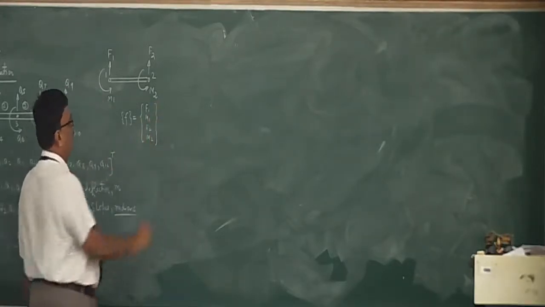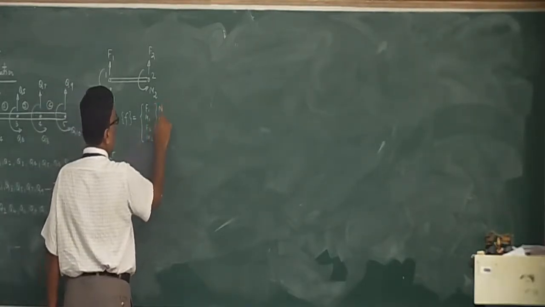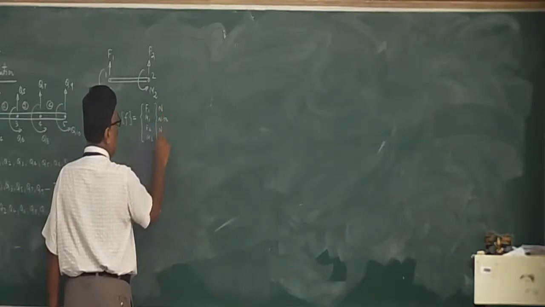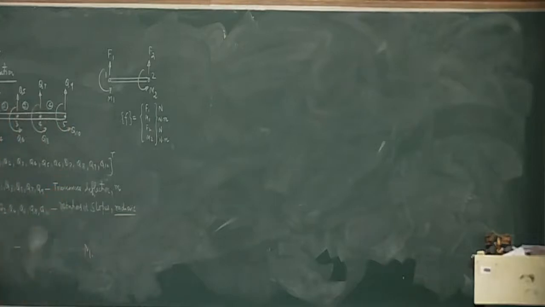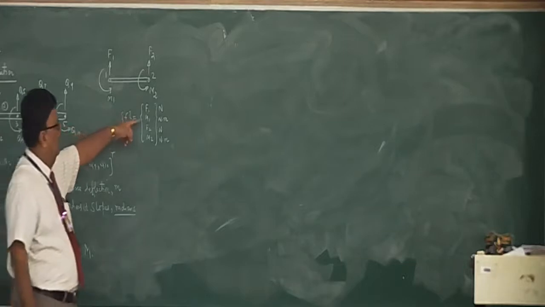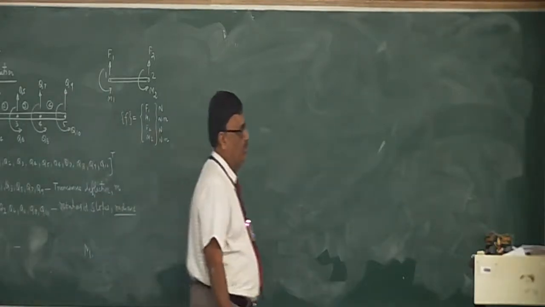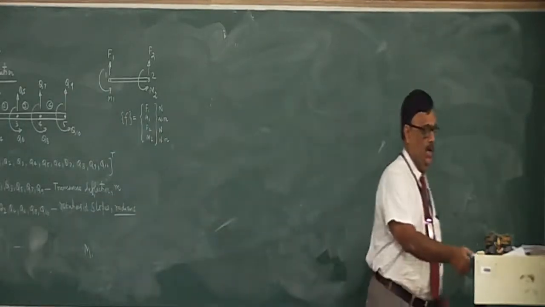And remember, the unit of force is Newton and the unit of moment is Newton meter. So individual values have their own units: the first one is Newton for being a force, another is a moment, so it is written as Newton meter.